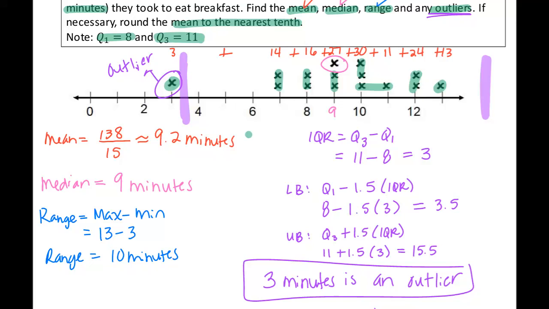So one more time, your lower bound is Q1 minus 1.5 times the IQR. The 1.5, that's just the formula. And then the upper bound is Q3 plus 1.5 times the IQR. Once you get those two values, those are your boundary lines. I think it's helpful if you draw your boundary lines, and then anything outside of it is considered an outlier.